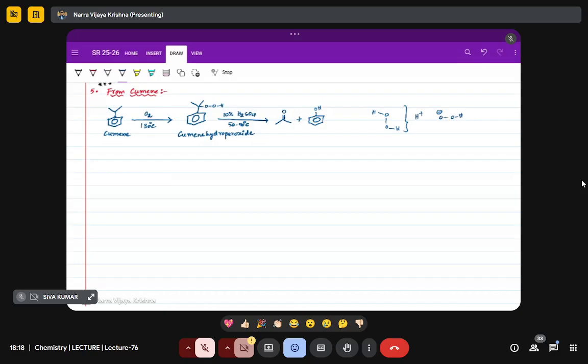Now, over this position, if I remove H as H plus, whether it will be very much stable or not. It is a tertiary carbocation as well as a benzyl carbocation. So extremely stable. So from here H can go out as H plus. Correct?